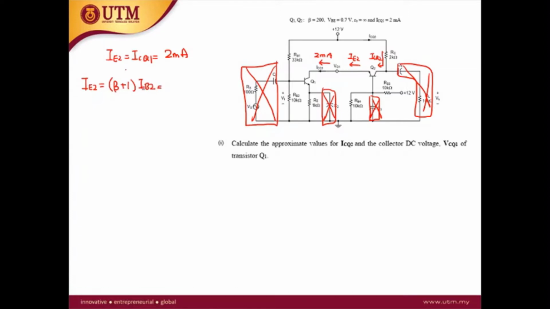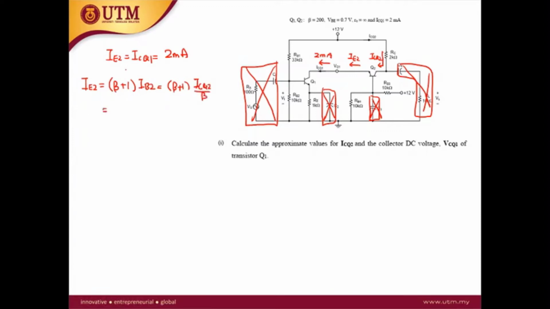You can convert the IB into the IC using IB equal to IC over beta. So beta plus 1, IB2 is equal to ICQ2 over beta.